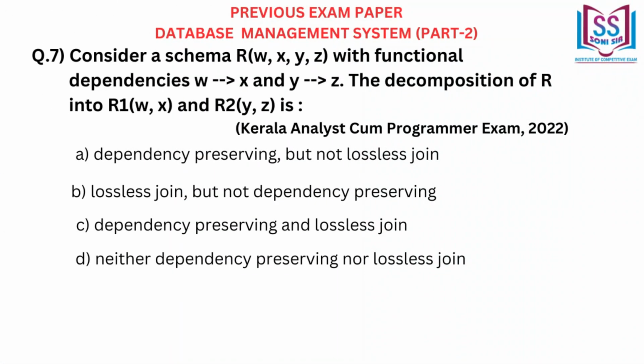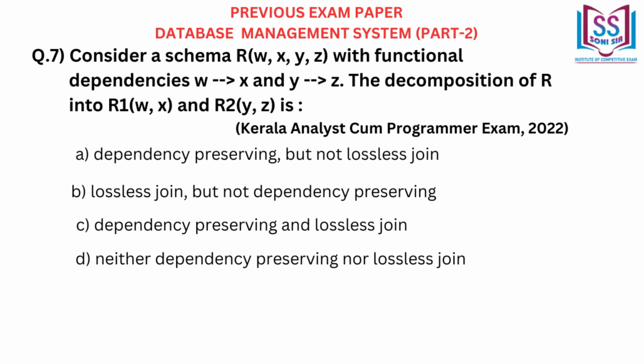Consider a schema R with elements W, X, Y, Z with functional dependencies W to X and Y to Z. The decomposition of R into R1 and R2 is: A. Dependency preserving but not lossless join. B. Lossless join but not dependency preserving. C. Dependency preserving and lossless join.